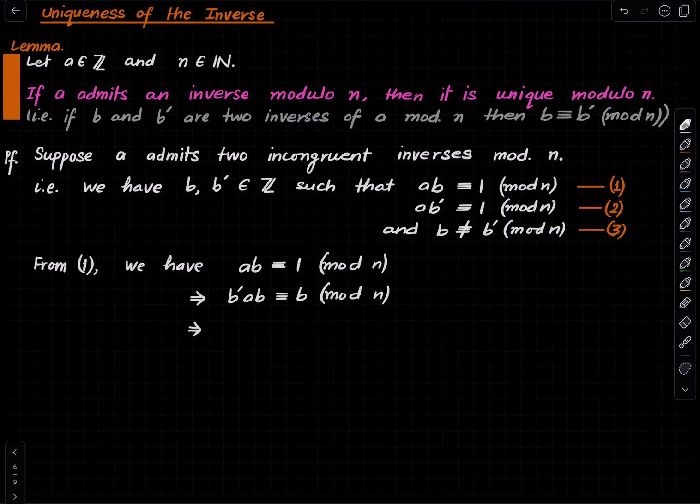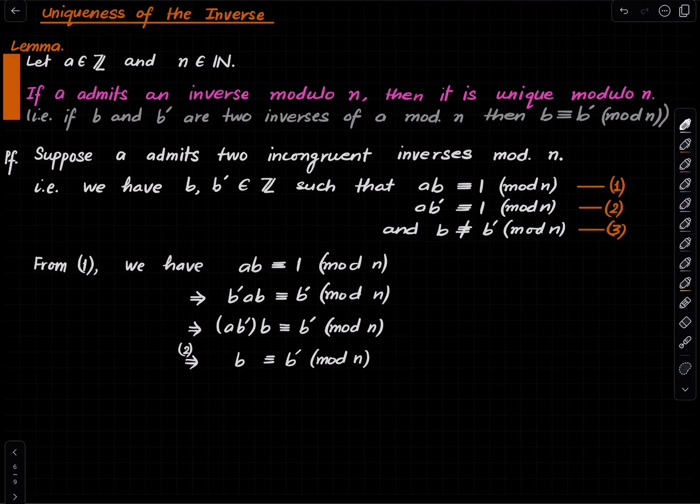So once again, what did I do? I multiplied by B prime on both sides. So here I get B prime AB, and here when I multiply by B prime, I get a B prime. Now, instead of writing B prime AB, let me write it as AB prime times B, congruent to B prime modulo n. And now use 2. Using 2, AB prime is congruent to 1 modulo n. From 2, we get B is congruent to B prime modulo n.